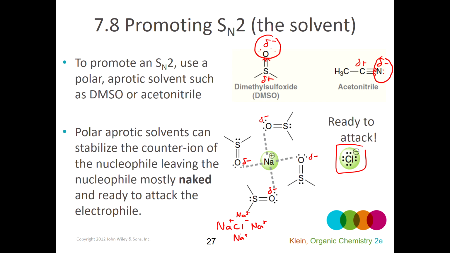This is a delicate process. I've got to get the nucleophile away from the counterion, and I've got to make sure the nucleophile doesn't get too well solvated so that it's free to attack the electrophile. So I want a solvent that's polar aprotic. The polar aprotic solvent like DMSO or acetonitrile or acetone or DMF.